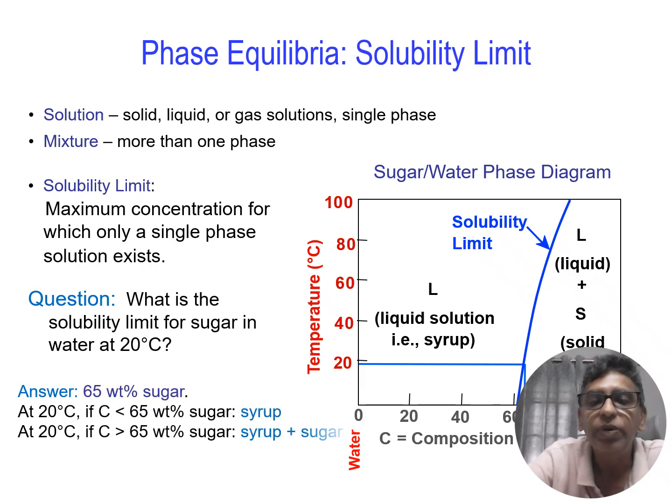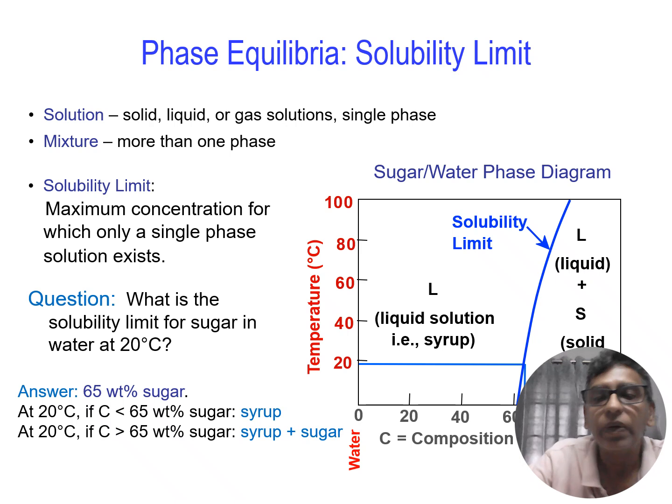So you draw the perpendicular, horizontal line. See, at 20 degrees centigrade, 65 percentage, greater than that it is called syrup. If it is less than 65 percentage, this is syrup plus sugar. So this is called the solubility limit.